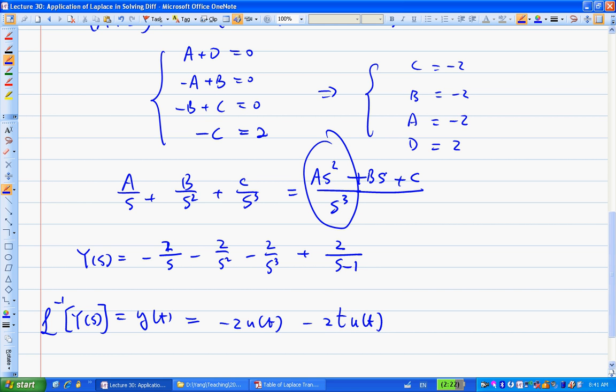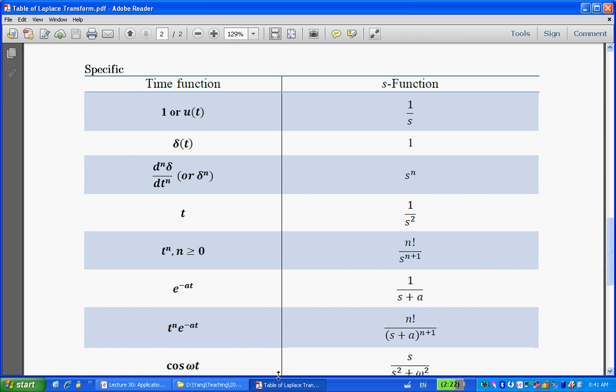The third one is 2 over s cubed. That doesn't have an s to the power 3 in the table, but there's a general formula over here. You see this is s to the power n plus 1 here, so if it's s cubed, then n equals 2. So the s cubed term corresponds to a t to the power 2 term.